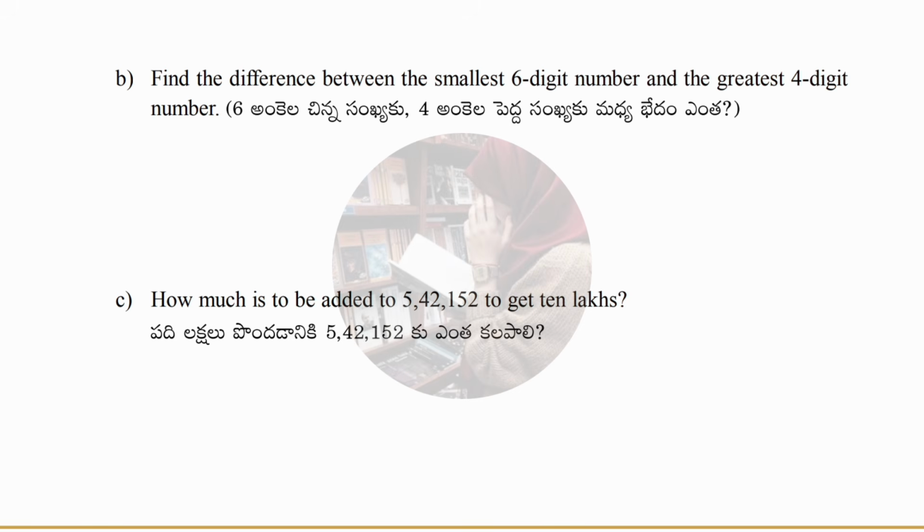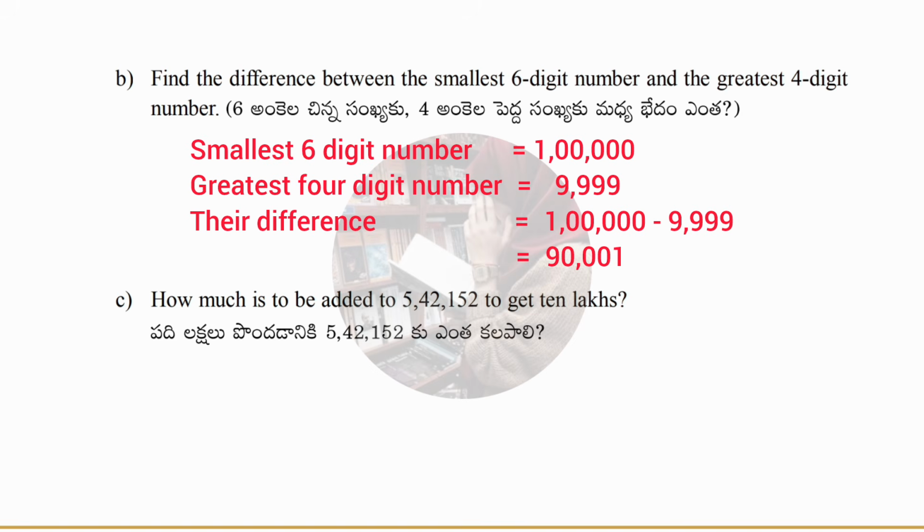The question asks us to find the difference between the smallest 6-digit number and the greatest 4-digit number. First we write them down. The smallest 6-digit number is 1 lakh, it should have 6 digits; let's count unit, tens, hundreds, thousand, 10,000, lakhs. So 1 lakh.